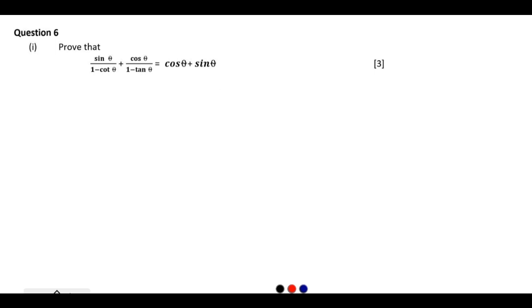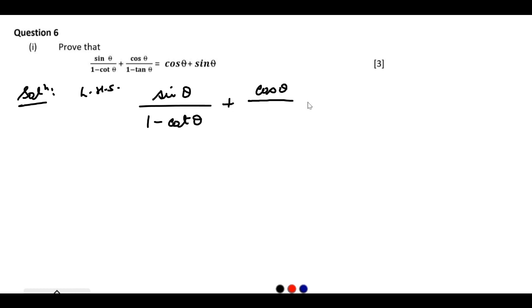Question number 6, part first, it is a trigonometrical identities question, we have to prove it. We are considering the left hand side, that is sin theta upon 1 minus cot theta plus cos theta upon 1 minus tan theta.